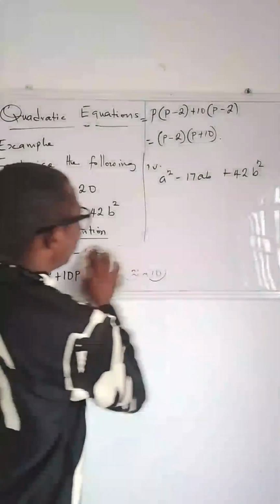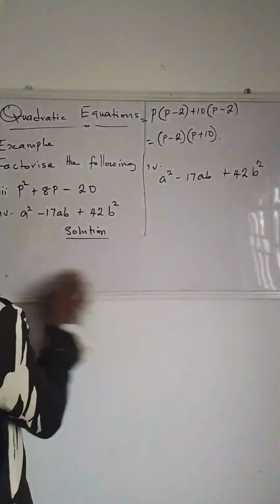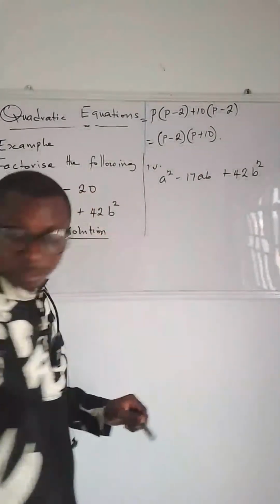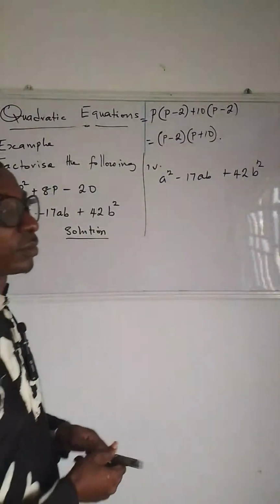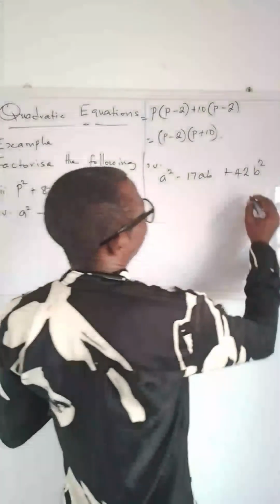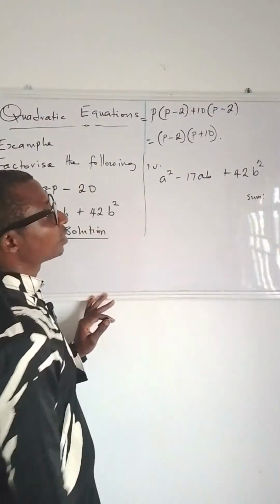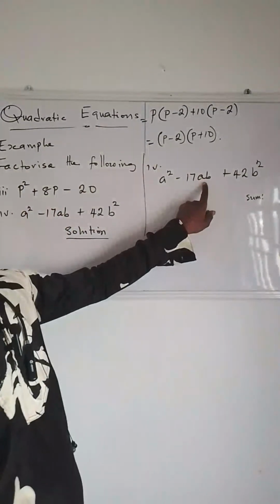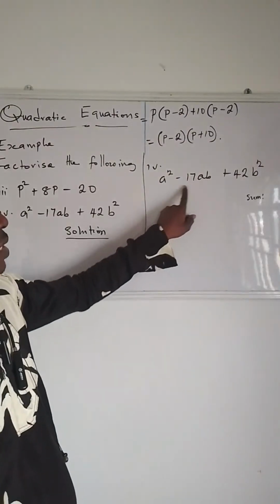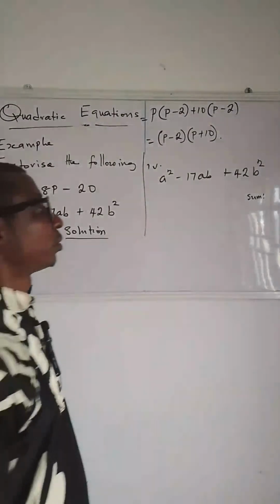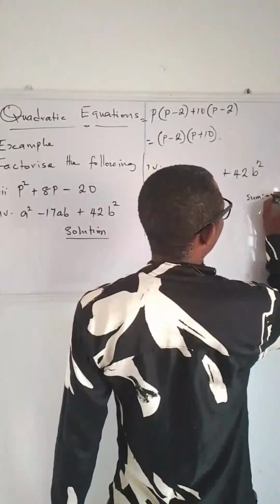So now we need to look for the sum and product. What's going to be the sum and what is the product? Sum is the coefficient of ab, the number beside ab here is going to be the sum. So that is minus 17.